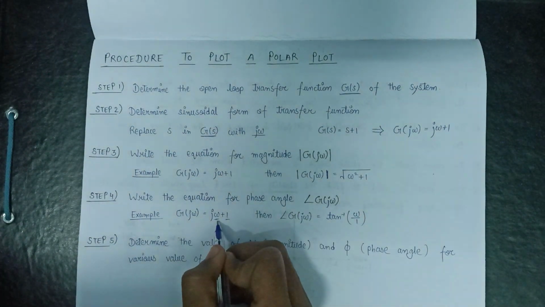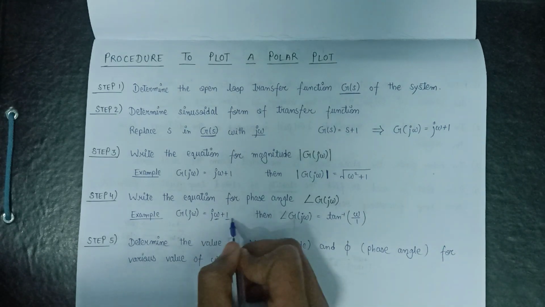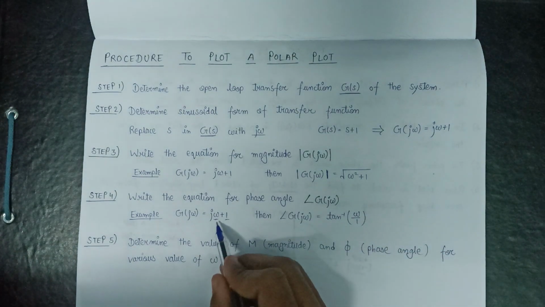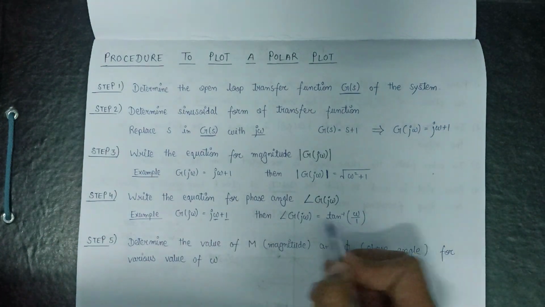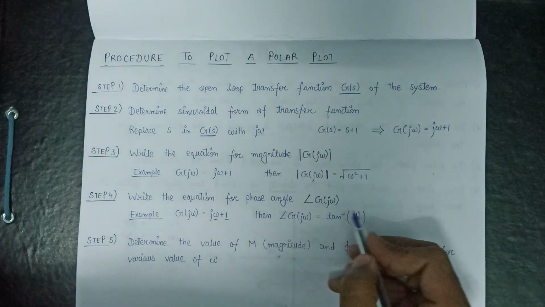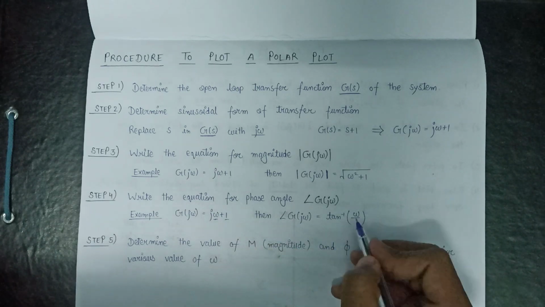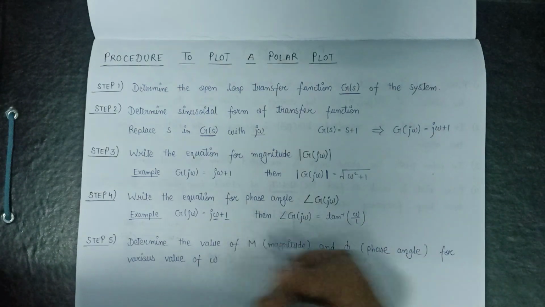So this is the y value, which is in the imaginary form, and this is the real value, which is in the real form. First of all, we take tan inverse, then we write the imaginary number, that is omega, divided by the real number, that is 1.